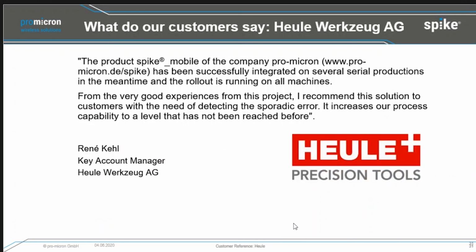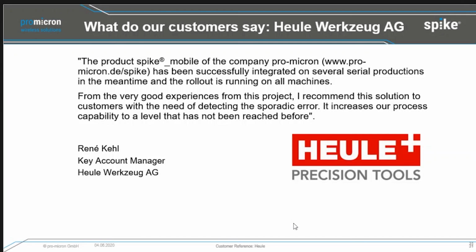And finally, Heule: The product Spike Mobile of the company pro-micron has been successfully integrated on several serial productions in the meantime, and the rollout is running on all machines. From the very good experiences from this project, I recommend this solution to customers with the need of detecting the sporadic error.